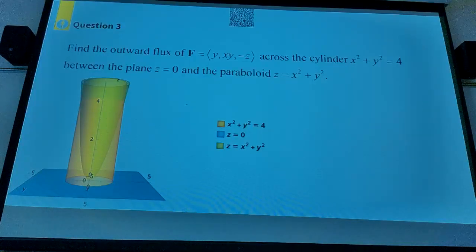But we can somewhat use divergence theorem. And so what we can do is first treat it like it is closed.